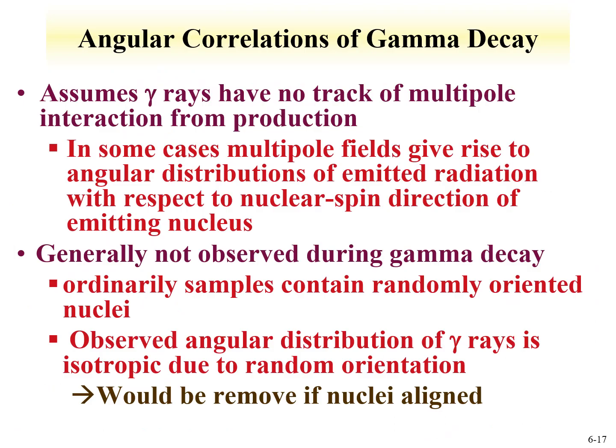One aspect of gamma decay that we discussed are these multipole interactions, both electric and magnetic. And there's the assumption that the gamma rays have no track of the multipole interactions from the production. In other words, there's no correlation between the behavior of the gamma rays as they're emitted from the nucleus and their multipolarity.